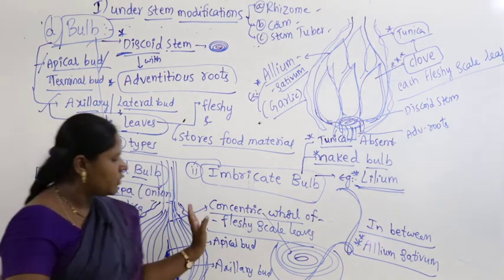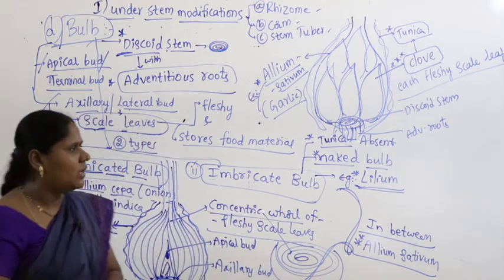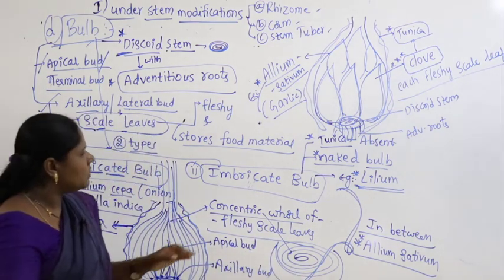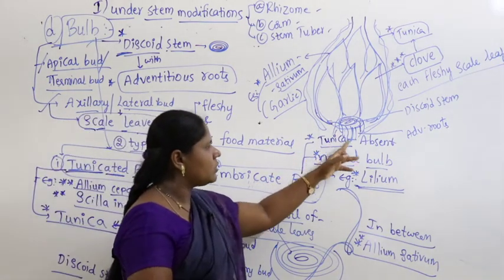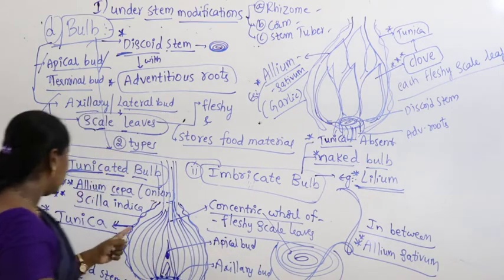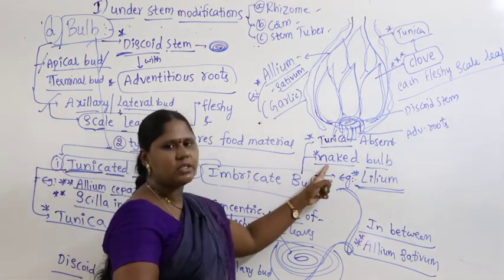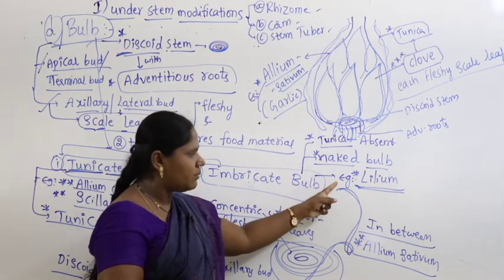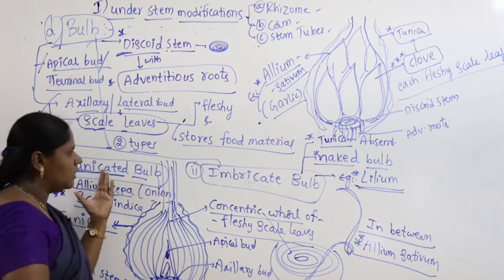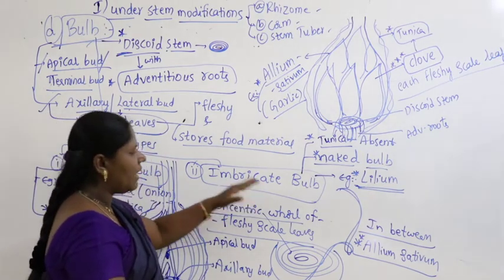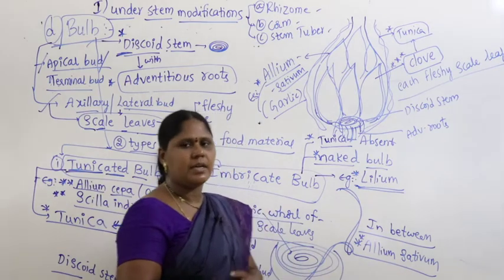If you cut the onion horizontally, this is what is called a concentric whorl of leaves. Right. Now, similarly, the imbricate bulb is not covered by tunica. In this case, tunica is absent, but in the tunicated bulb, tunica is present. As tunica is absent, it is called a naked bulb. Example is Lilium.